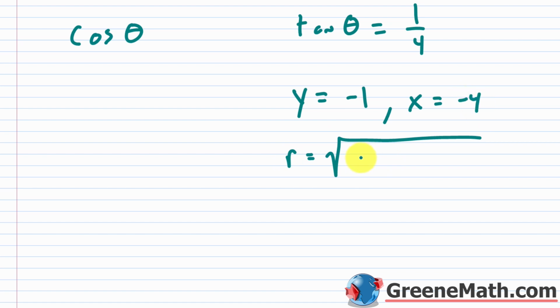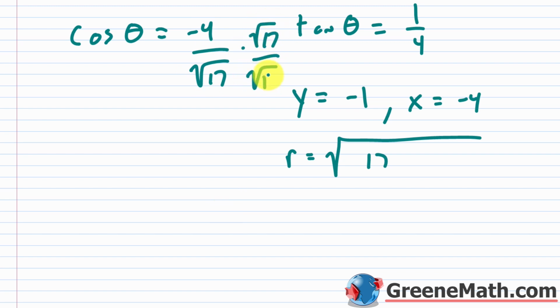So negative 4 squared is 16, plus negative 1 squared is 1, so this is the square root of 17. The cosine of theta would be x, which is negative 4, over r, which is the square root of 17. You would multiply the numerator and denominator by the square root of 17 to rationalize the denominator. Essentially you would have the negative of 4 times square root of 17 over 17.